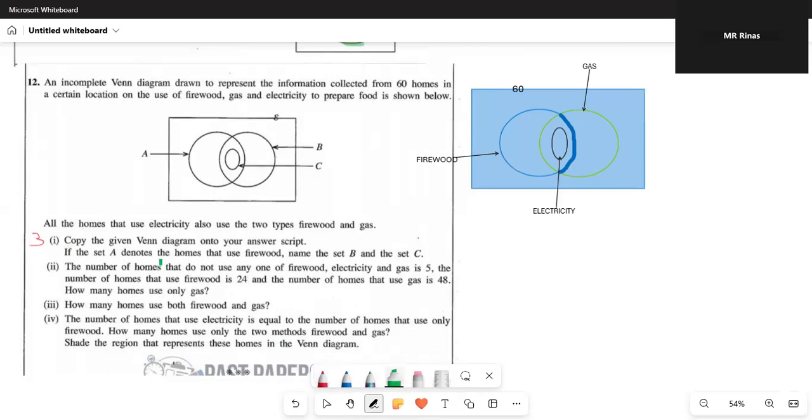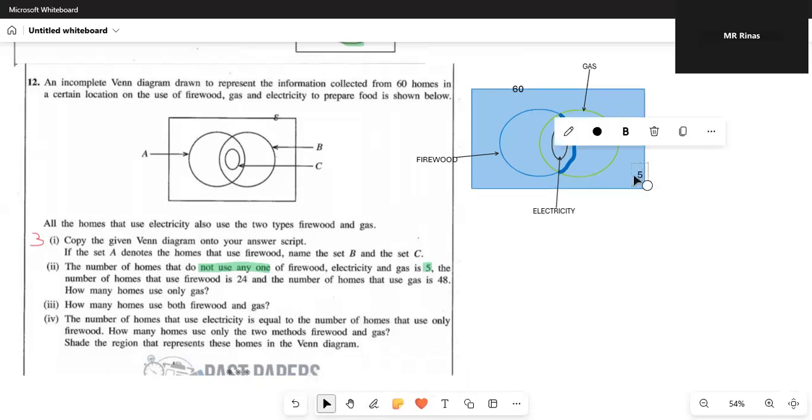And we'll move on to the second question. The number of homes that do not use any one of the firewood, gas, electricity, so they do not use anything, is 5. So out of the circle, there will be 5, right? So the 5 homes, they didn't use any of these 3.